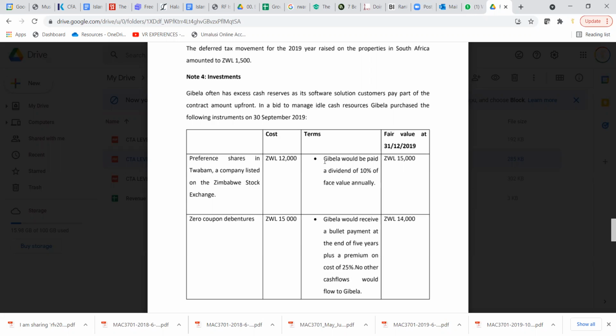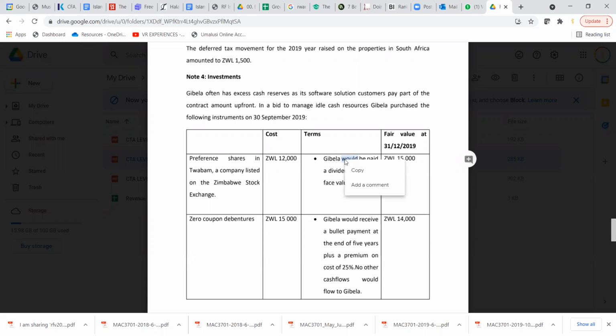Now, the cash flow characteristic: the cash flows must represent credit risk or time value of money. A dividend does not represent credit risk or time value of money, so it does not meet the cash flow characteristic test. That's very important. So this one can't be amortized cost.